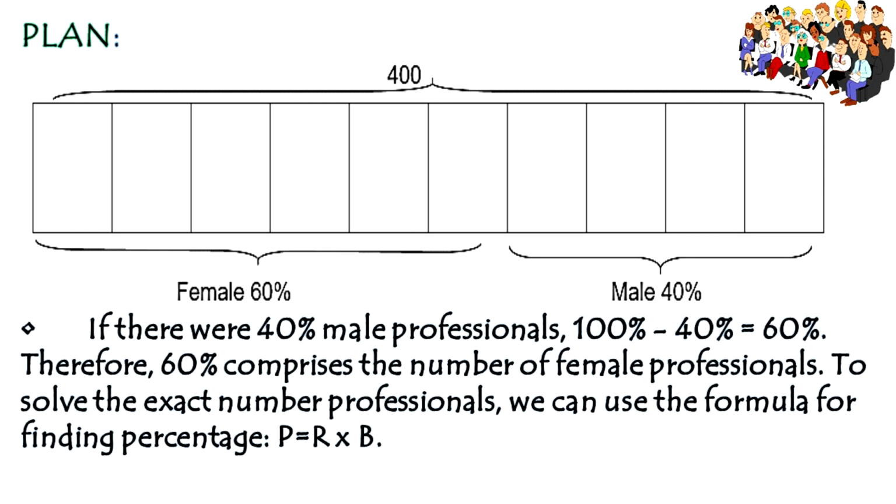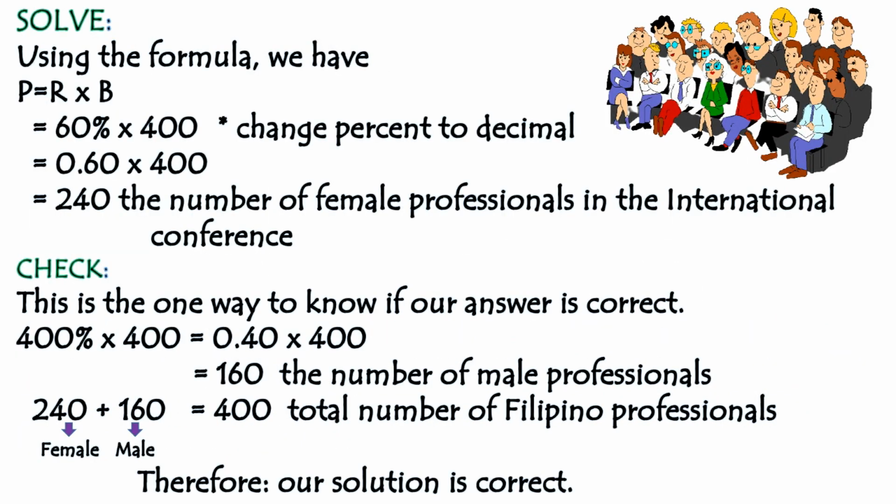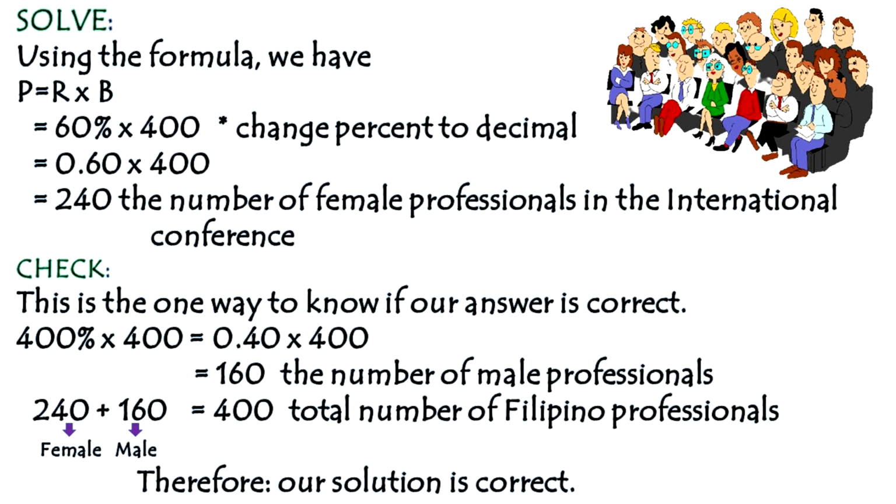To solve for the exact number, we can use the formula percentage equals rate times base, or P = R × B. Next, we solve using the formula. 60% times 400, but always remember to change the percent to a decimal. 60% divided by 100 is 0.60, multiplied by 400, we get 240. 240 is the number of female professionals in the international conference.